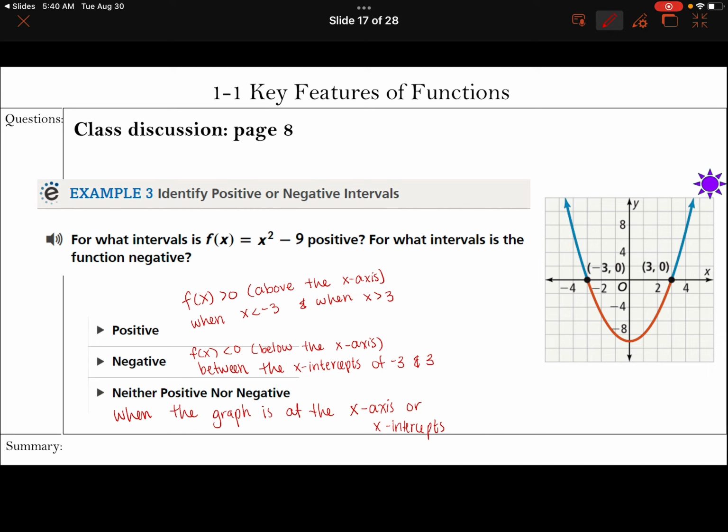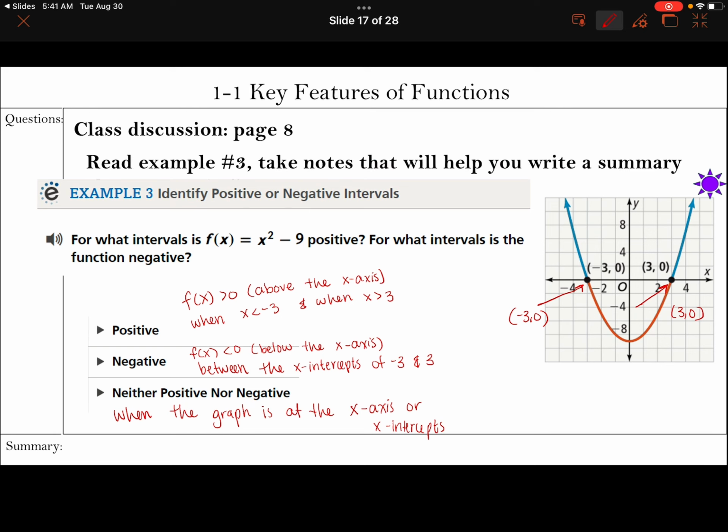So you should know that the x-intercepts are these points right here. So at (-3, 0) and (3, 0), those are neither positive nor negative.